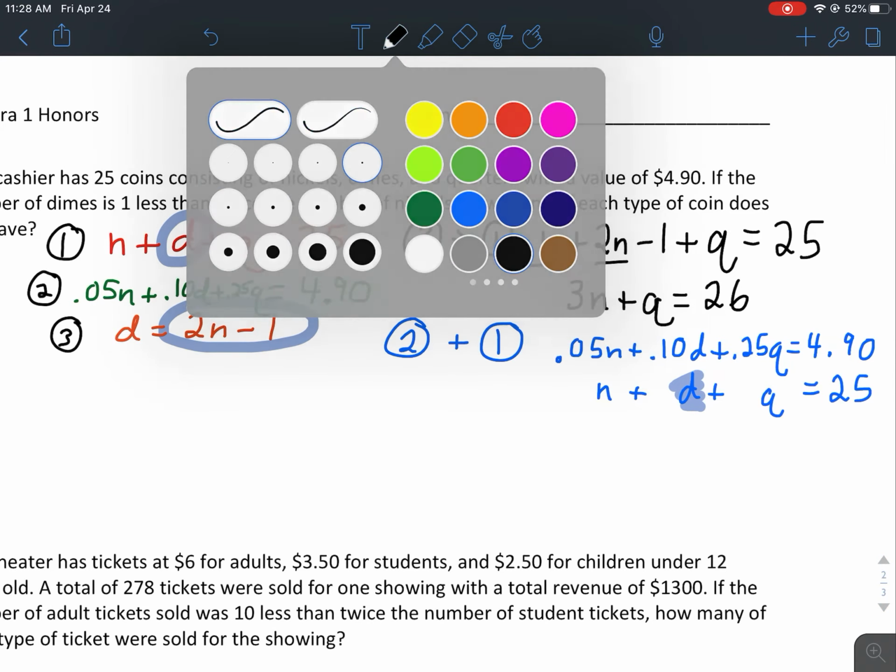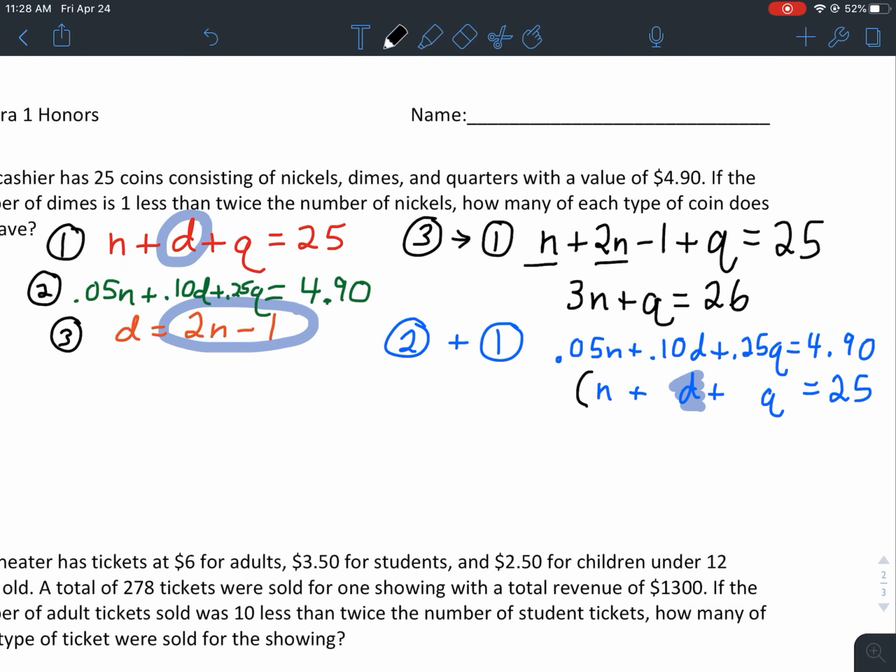Okay, so if I want to eliminate d, I'm going to multiply the bottom by negative 0.10. When I distribute that to all four terms, I get negative 0.10n minus 0.10d minus 0.10q, and then you can multiply 25 times negative 0.10, and you get negative 2.5.